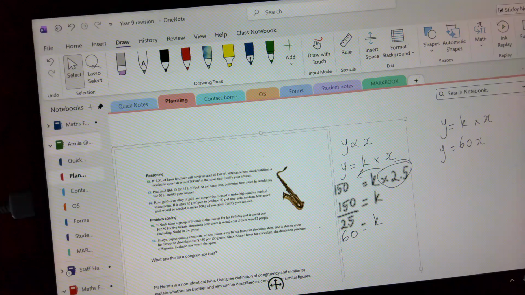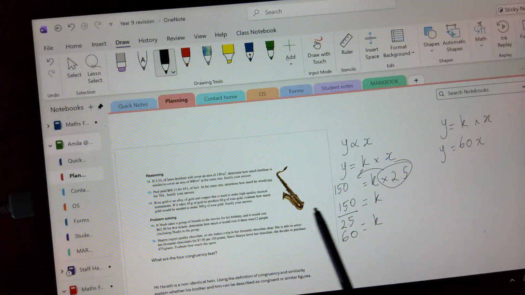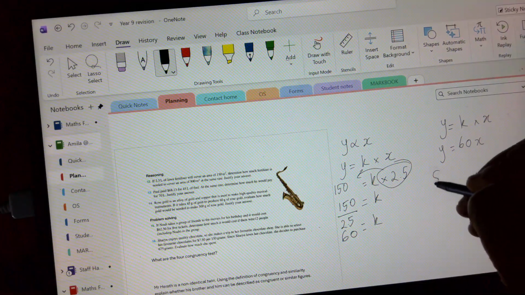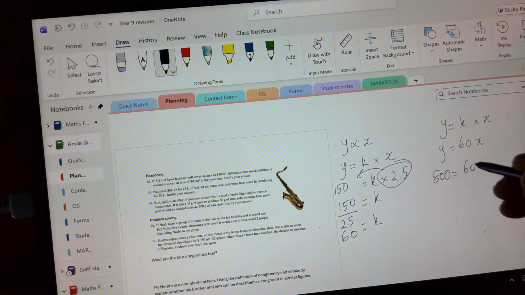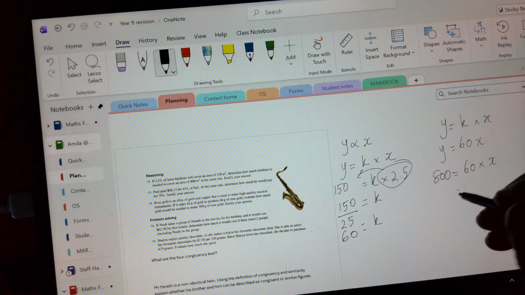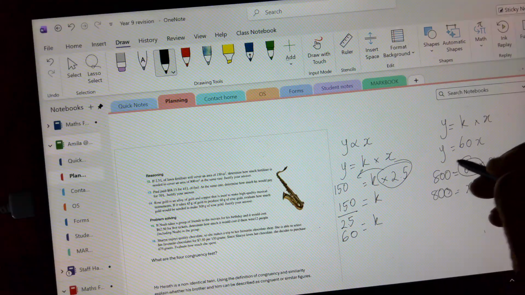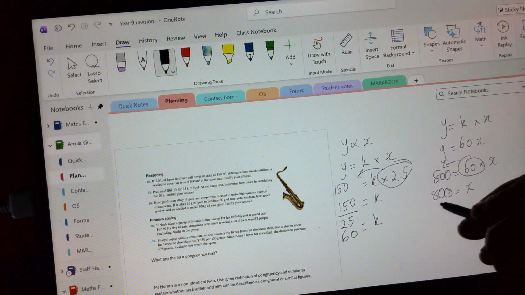We said before that meters squared would be our y variable. So, and I want to determine fertilizer. So 800 would be equal to 60 times x, which is the amount of fertilizer in liters. So x would equal 800. I'm gonna take times 60 and I'm gonna move it over.